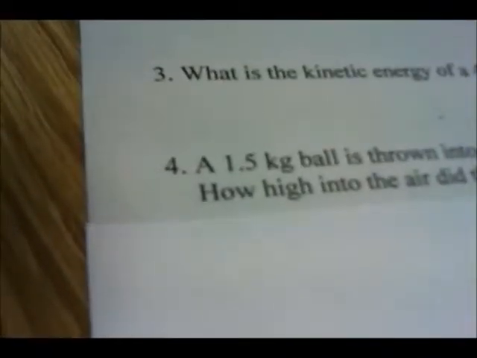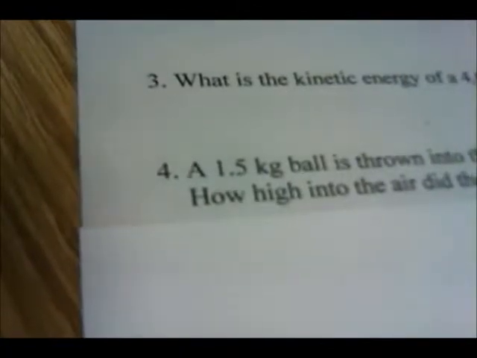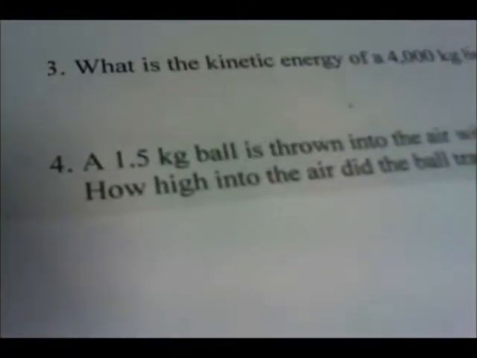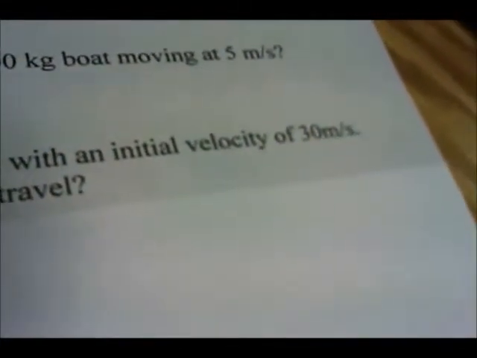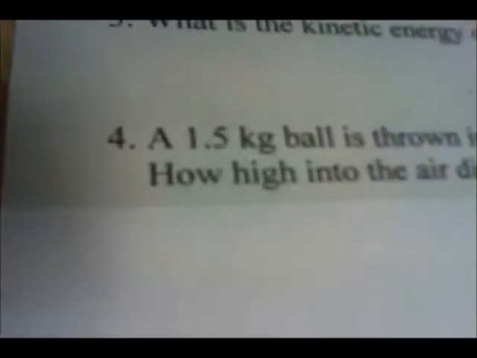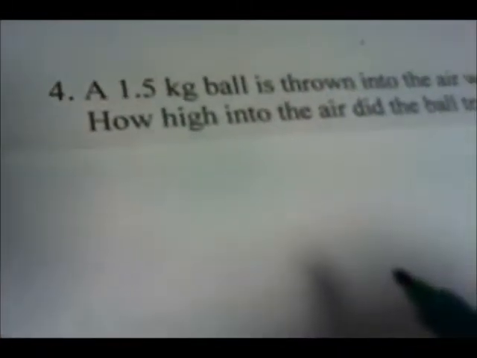In this equation, a 1.5 kilogram ball is thrown into the air with an initial velocity of 30 meters per second. How high into the air did the ball travel? In this equation, we're trying to solve for height.